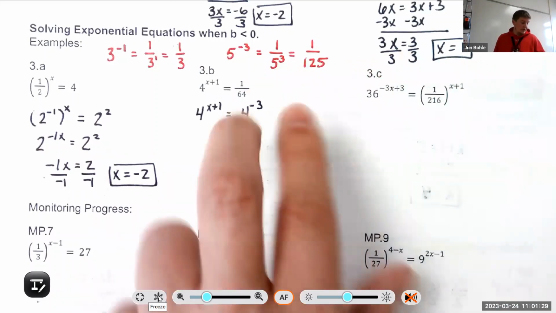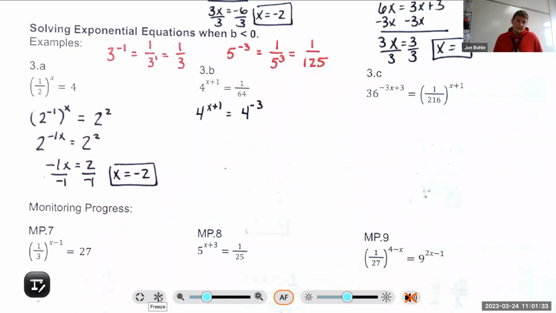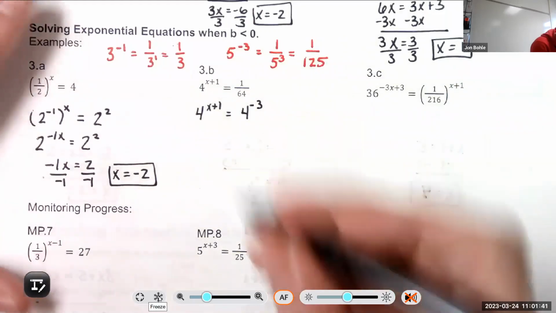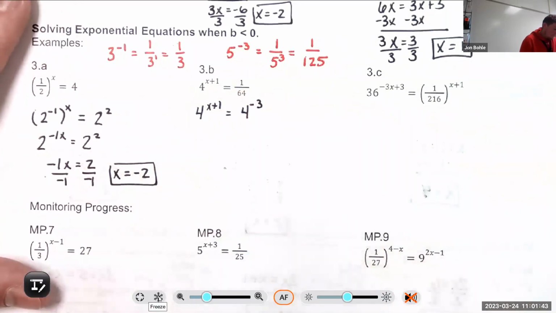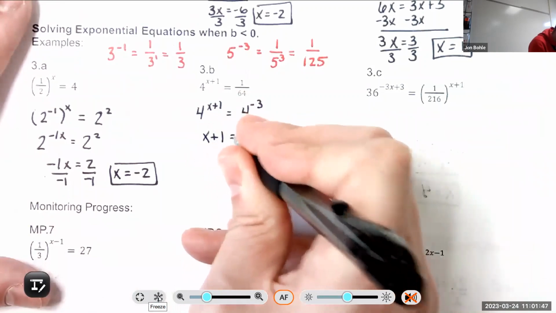So notice what we're doing. Now we're going from here back. Are the bases the same? So what can I do when they're the same? Then the exponents are the same, so I can set them equal to each other.